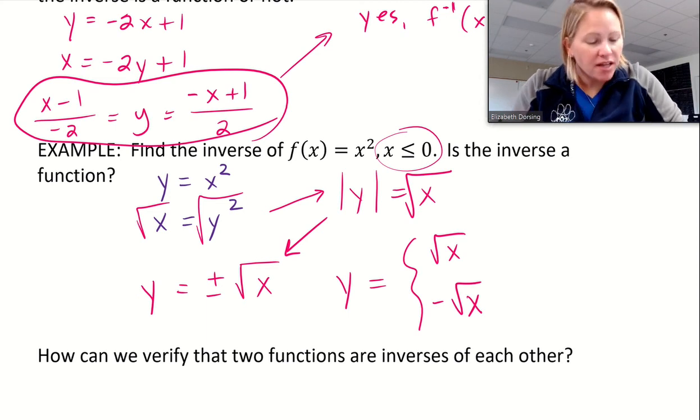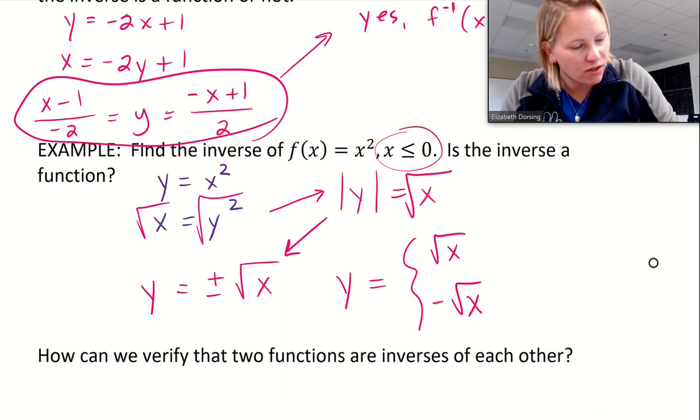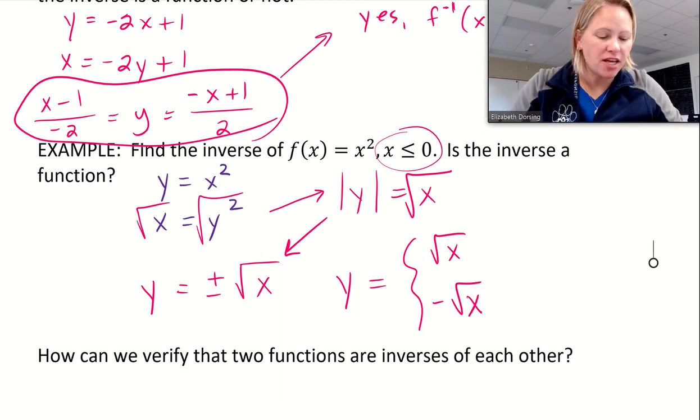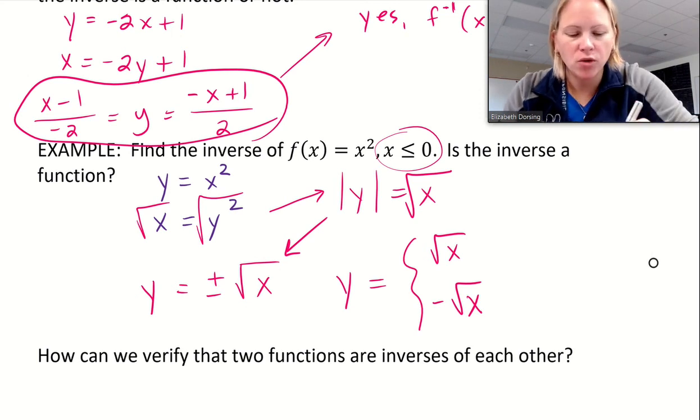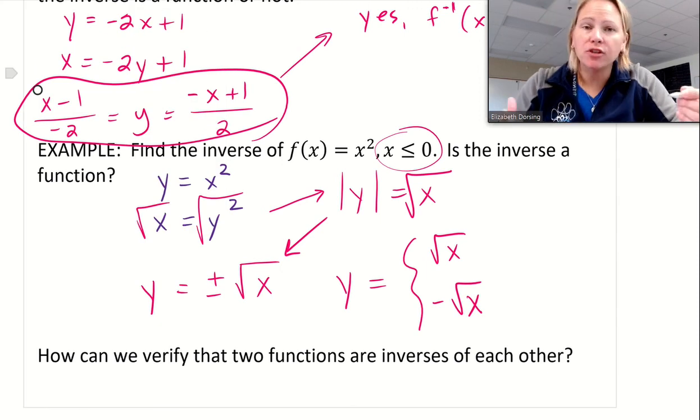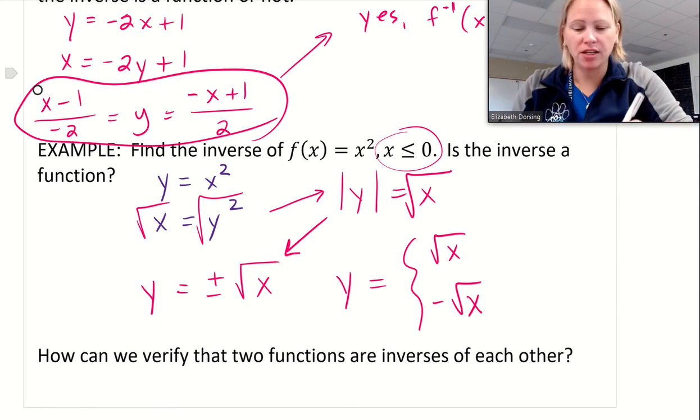Now, it's positive square root of x for certain values, and it's going to be negative square root of x for other values. Now, here's where that domain restriction comes back in. So we're going to go back up here, and we're going to remember that when we find the inverse function, we're actually exchanging the domain and the range.